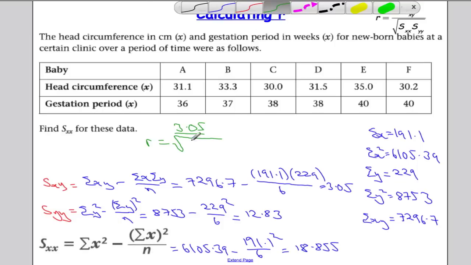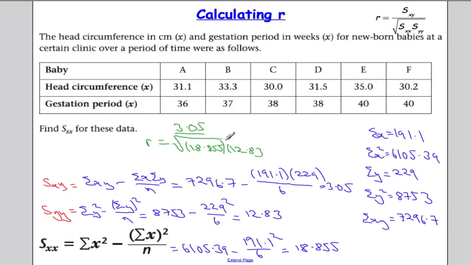So the square root of 18.855 times by SYY 12.83. You'll notice that I haven't been rounding these to three significant figures because I don't want to lose any of my accuracy from rounding early on.